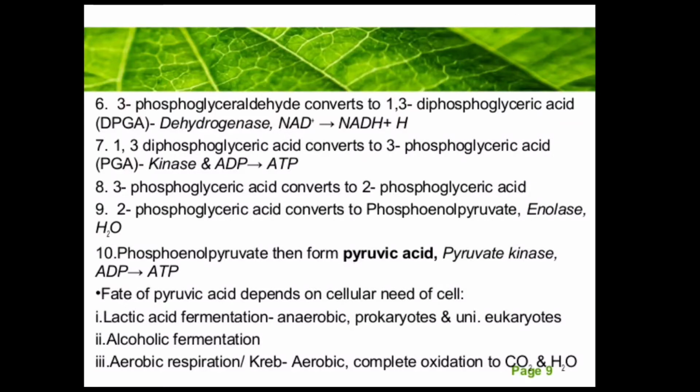Phosphoenol pyruvic acid is dephosphorylated and converted into pyruvic acid. The phosphate released from the substrate combines with ADP and forms ATP.